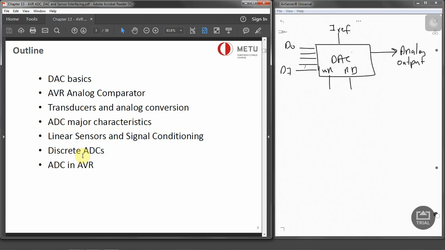Now, when we consider the resolution of digital to analog converters, the output is a function of these digital inputs. The number of data bit inputs decides the resolution of that DAC, because the number of analog output levels is equal to 2 to the power n, where n is our number of inputs.